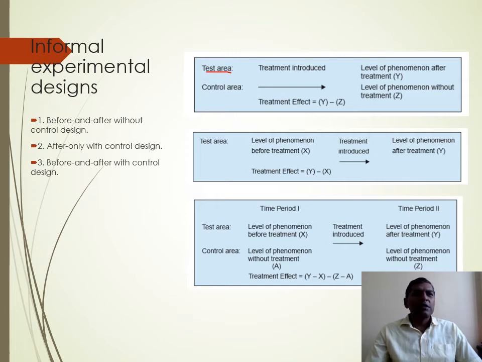That is why we say before and after without control design. This is where the level of phenomenon after treatment and the level of phenomenon without treatment are applied. This particular block diagram is related to after only with control design, and this particular diagram is defined as before and after without control design.